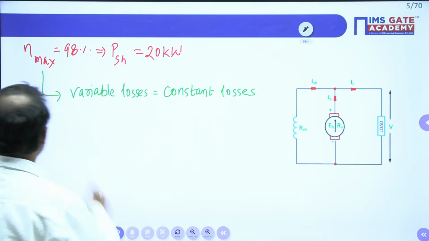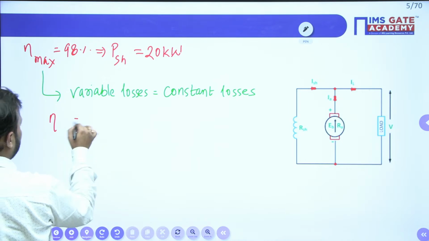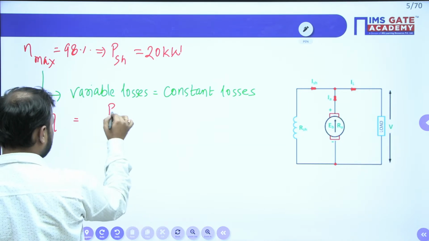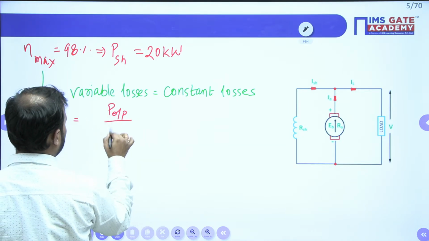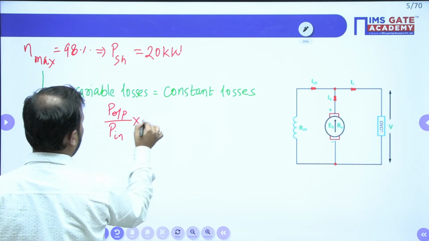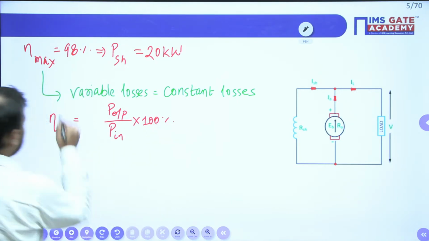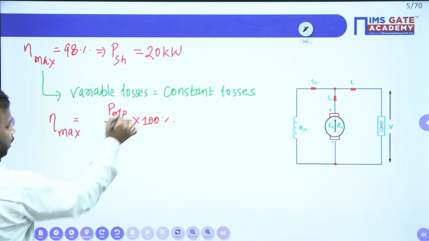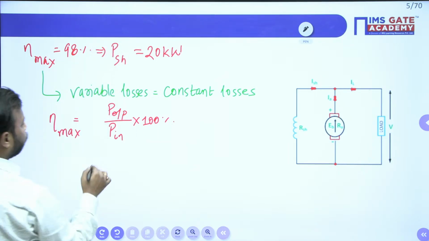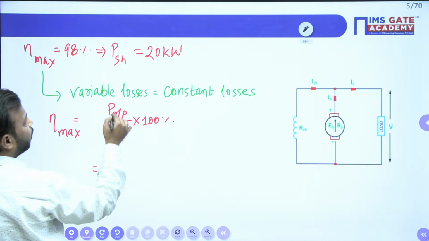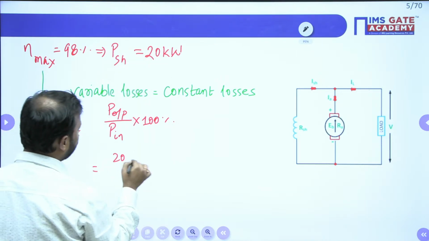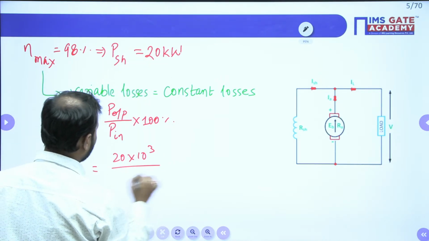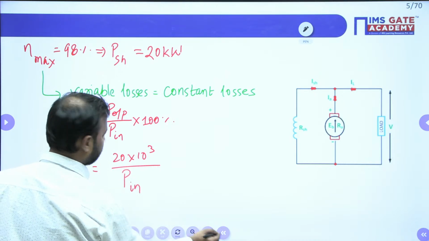Done. Now what is the efficiency formula? This is equal to output by input into 100%. For the maximum efficiency, the formula will be the same, but we need to put the values. So this P output is the shaft power, which is 20 into 10 to the power 3, whole divided by P in.